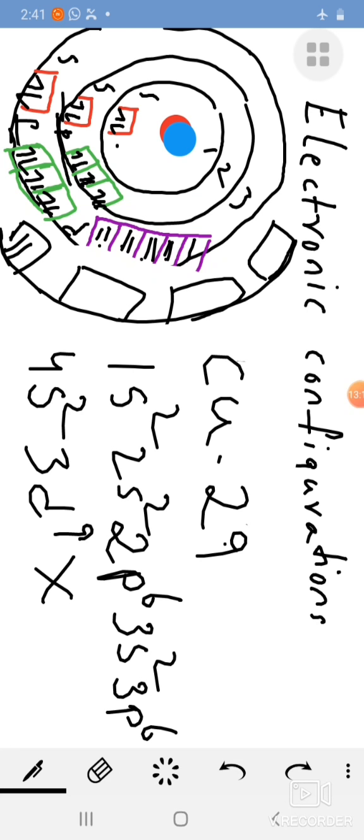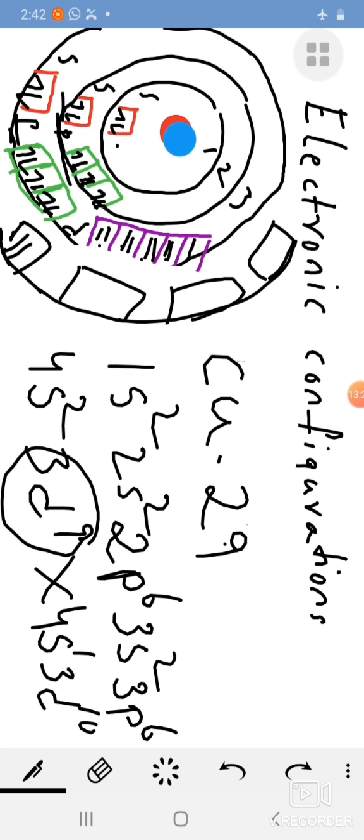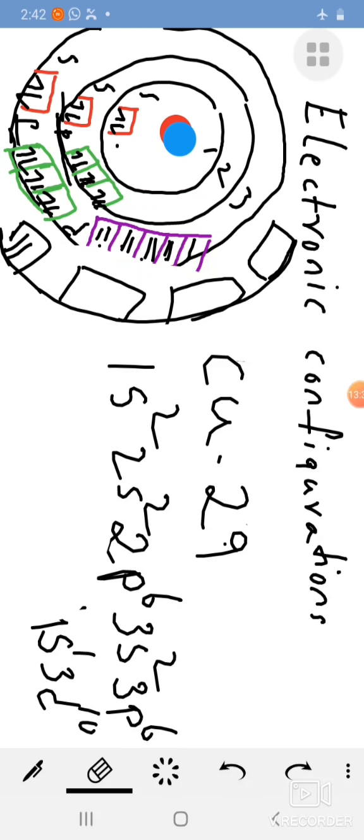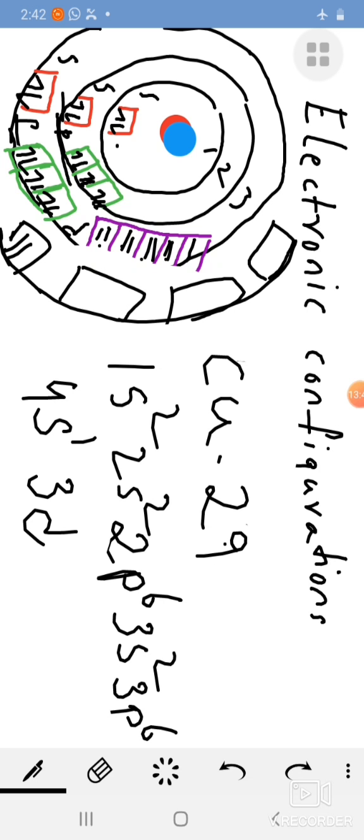If it acquires 1 electron, the d orbital gets stable. So an electron jumps from the 4s orbital, it becomes 4s1, and goes to the 3d orbital, and its configuration is 3d10. It is a stable, completely filled electronic configuration, that is 4s1 3d10. Chromium and copper show anomalous electronic configuration in order to acquire stable outermost electronic configuration.